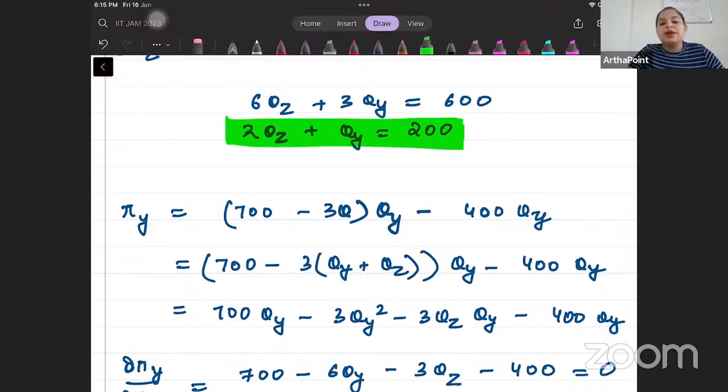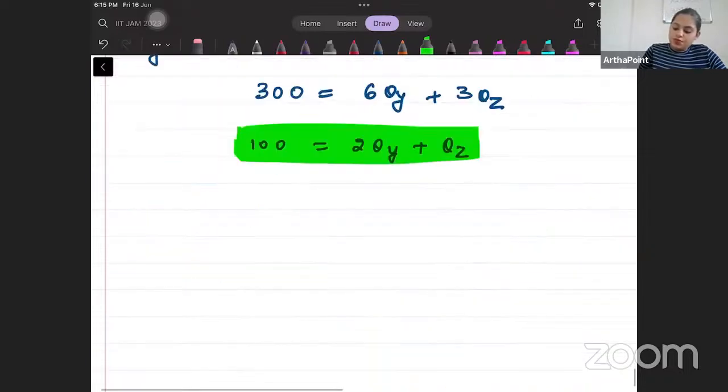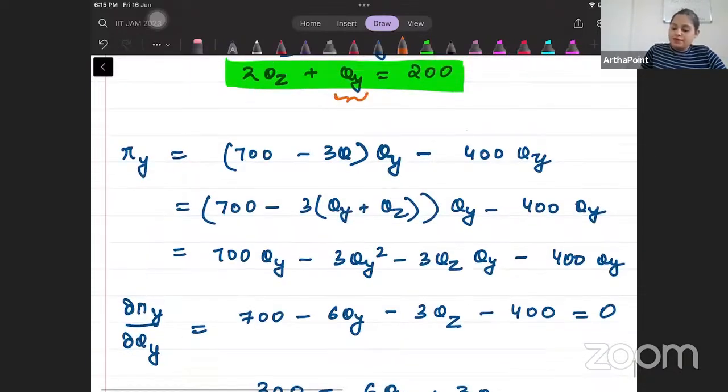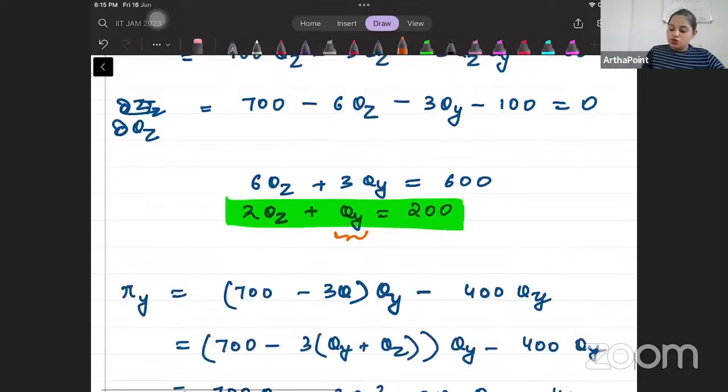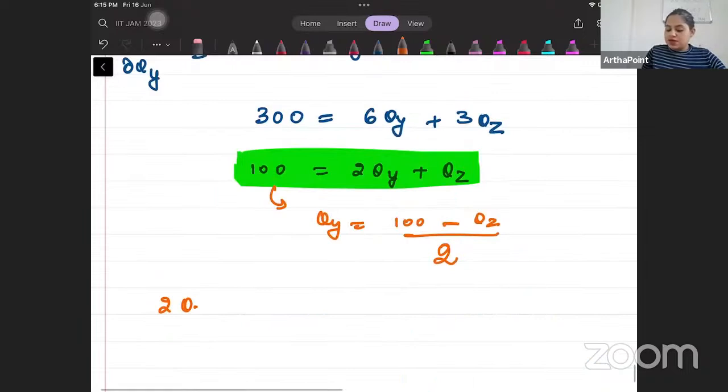Solve these two equations simultaneously and you will get the answer to this question. So instead of QY, you can replace the value from here. QY will be 100 minus QZ by 2. So 2 QZ plus 100 minus QZ by 2 will be 200.